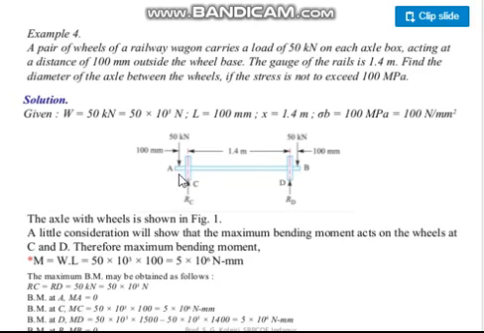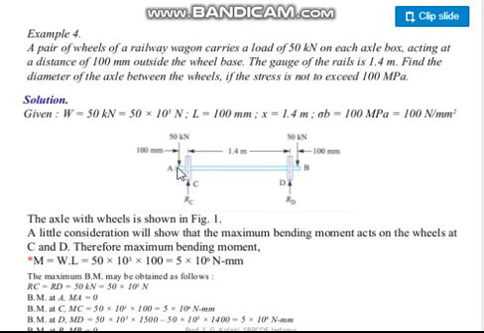If you remember from engineering mechanics or strength of materials, you will find that the maximum bending moment takes place here at C and at D. See, the entire shaft is A to B, and the wheels are at C and D. This is like a cantilever.